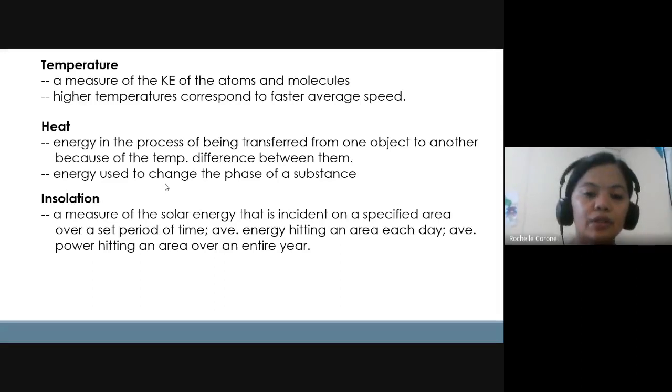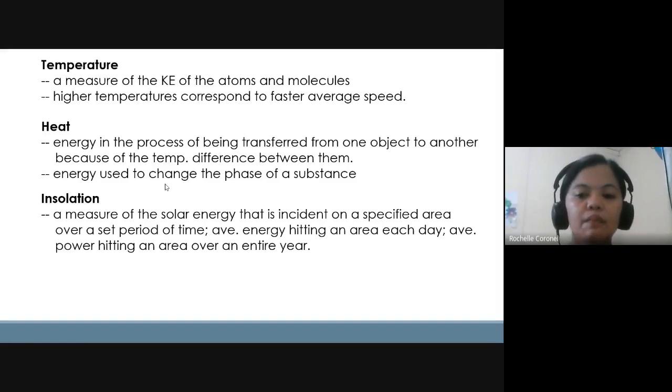Okay. Another important term that we will use for Module 3 is the word insolation. Insolation is a measure of the solar energy that is incident on a specific area over a set period of time. Basically, it's the intensity or the power of the solar energy hitting an area over an entire year. So it can be a measure of annual solar energy.